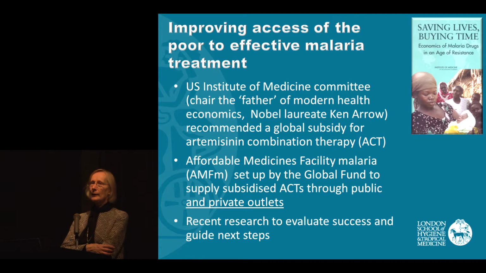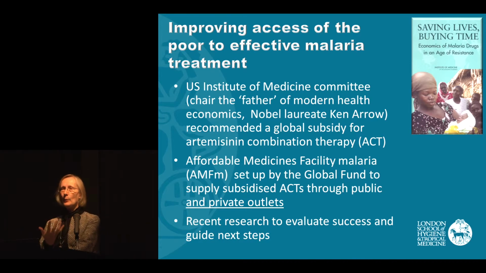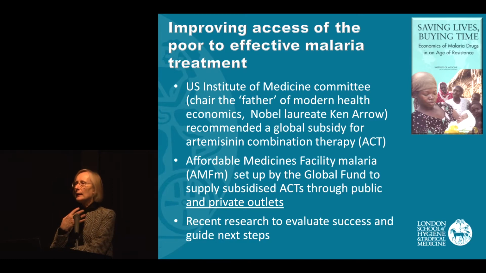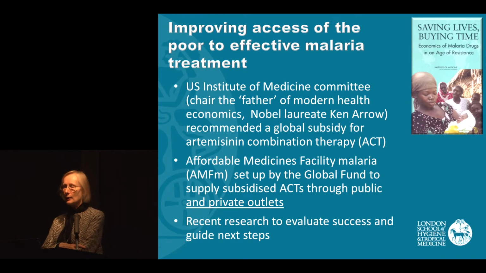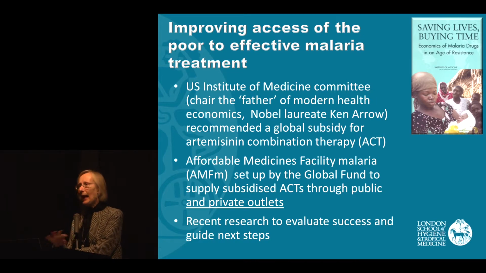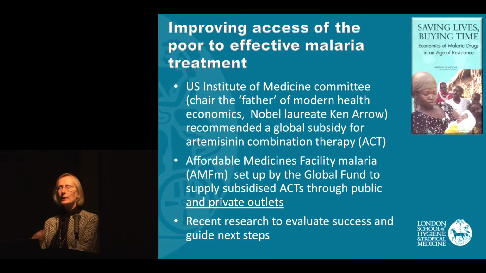One ground was that bulk purchasing at the global level would drive down the cost of combination therapy. The other argument was that given this widespread purchase of malaria drugs, what you needed to do is get the best drug, to get the price of that best drug so low that it competed out the other drugs in the market.